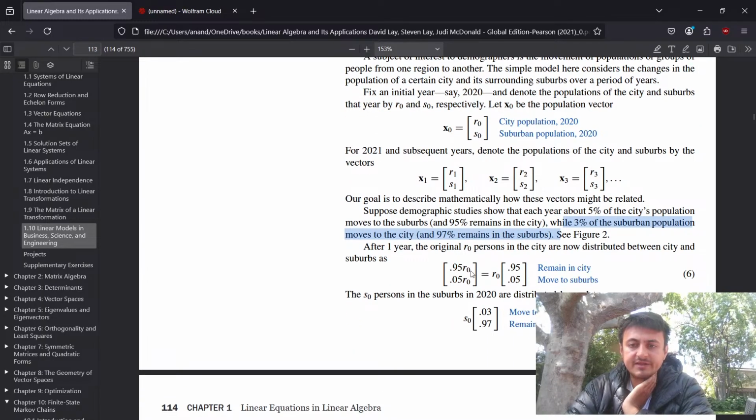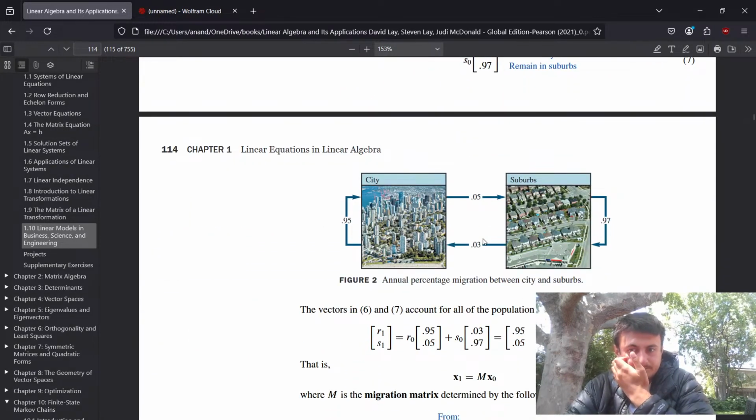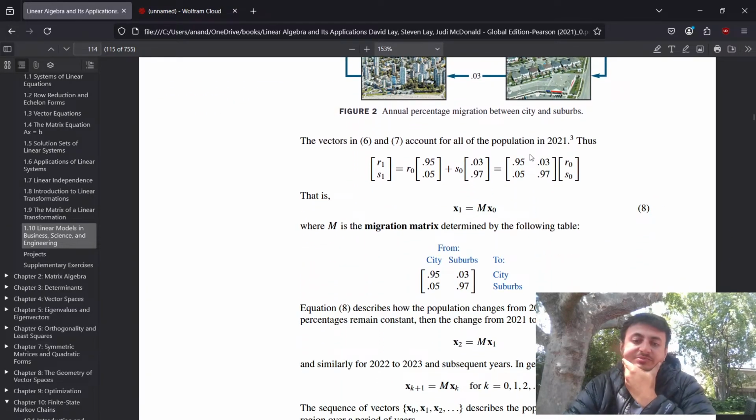After 1 year, we get, okay, so this is called the migration matrix.